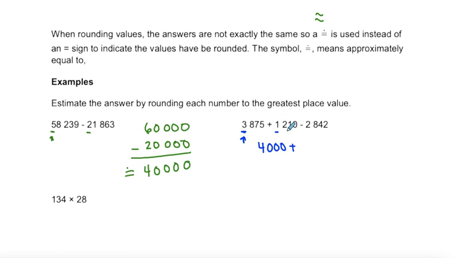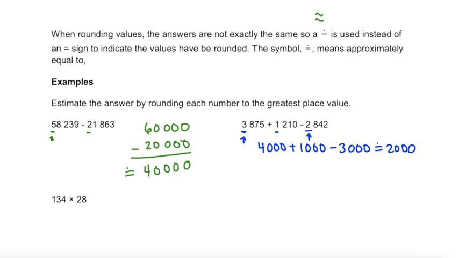To the right of that is a 2, which is less than 5, so I keep it as a 1, so that is 1,000. And I'm taking away, also rounding to the nearest thousands. The number to the right of that is an 8, so it's larger than 5, so I'm rounding this up to a 3, so 3,000. So 4,000 plus 1,000 is 5,000. And 5,000 take away 3,000 is 2,000. So the answer is approximately 2,000.